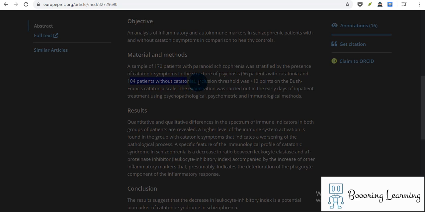Inclusion threshold was more than 10 points on the Bush-Francis catatonia scale. It's interesting to know that there's a catatonia scale to measure the severity of catatonic state in those samples. The examination was carried out in the early days of patients' treatment using psychopathological, psychometric, and immunological methods.